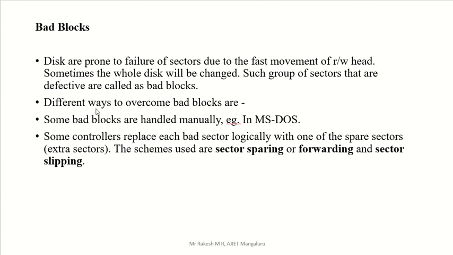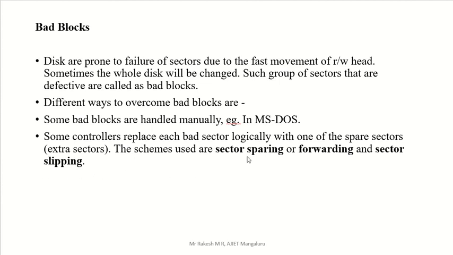We have different ways to overcome this. One is manually, which we can do in MS-DOS. Another one we can do by using a method called sector sparing, which is also called forwarding, or another method, sector slipping.